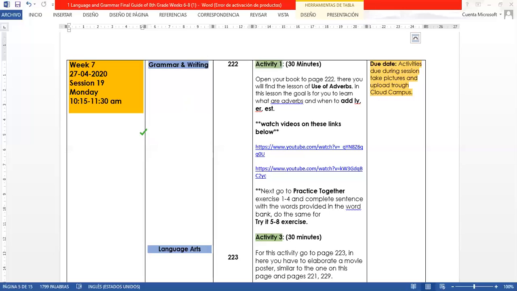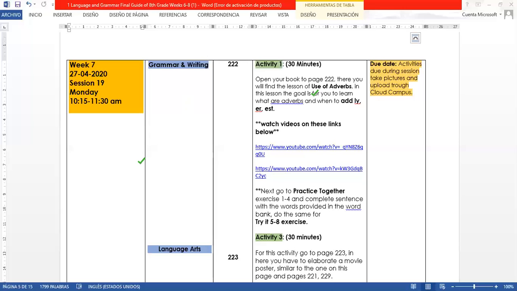Then we have another rule, where it says add er to many adverbs to compare two actions. Remember, when you add er to many adverbs, it is to compare two actions. This er is different from ly.